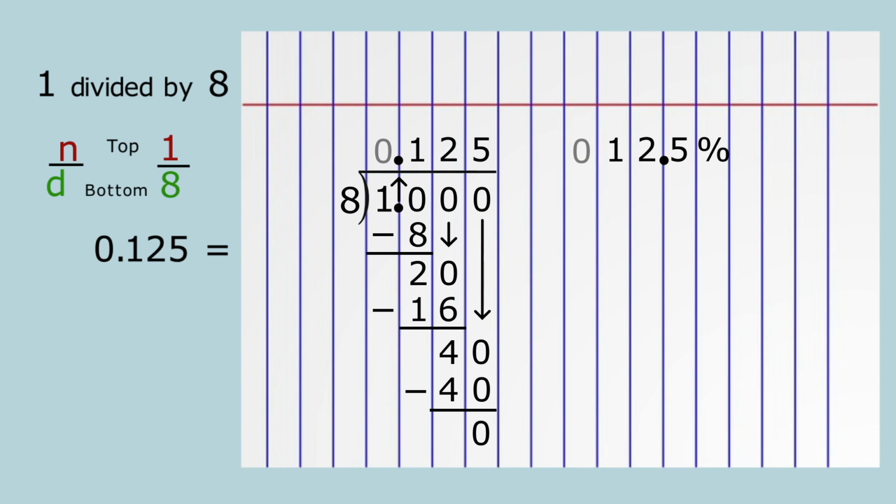The decimal point is between two numbers, the 2 and the 5, so we can erase the leading 0. 1/8 equals 125 thousandths, or 0.125. You can say 1/8 equals 12.5% or 12.5%. All these are correct.